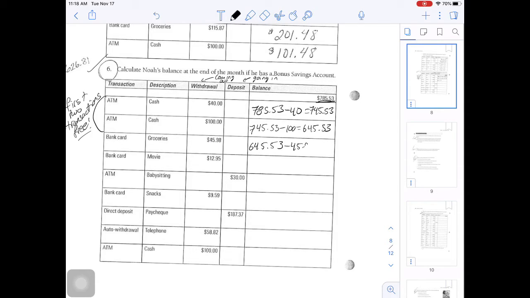But on top of that, that's going to cost her $1.25 to do. Okay, and that's going to bring her to $598.30 here.